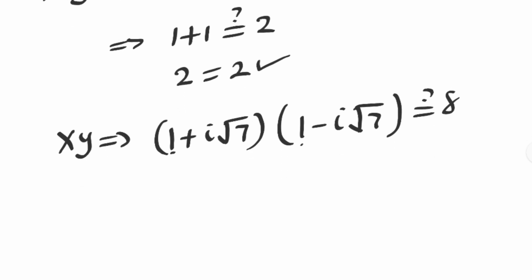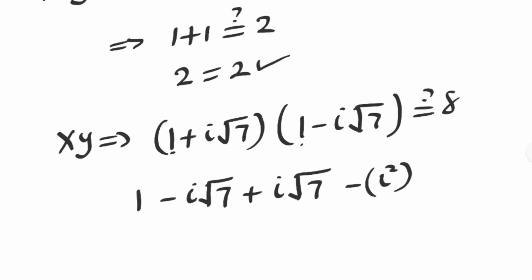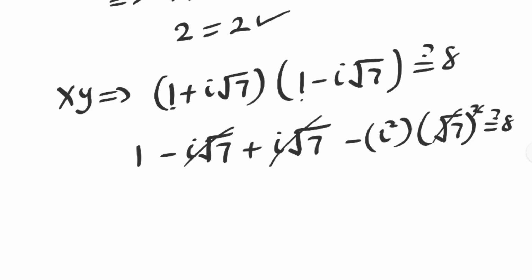Then 1 times 1, this is 1, minus 1 multiplied by i root 7, this is minus i root 7, plus i root 7 multiplied by 1, this is i root 7. Then i root 7 multiplied by minus i root 7, this is minus i squared multiplied by root 7 squared. This cancels this. This cancels this.